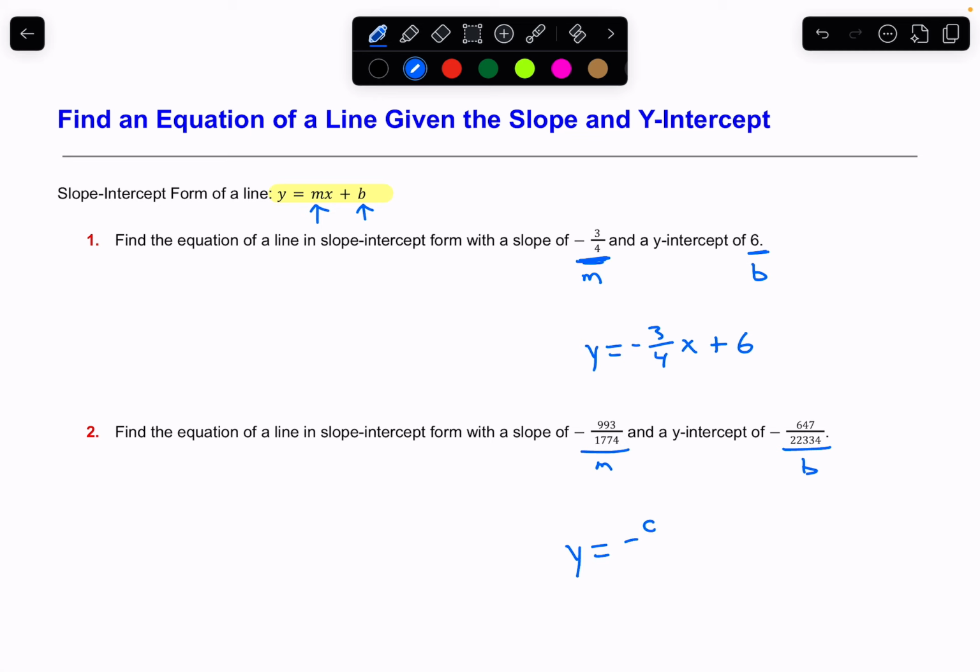All I do is write the m in front, put an x next to it, and then write down what b is, -647/22,334. In both cases, I'm just taking the m and plugging it in, and taking the b and plugging it in. No work to actually be done in this case, by far the easiest case.